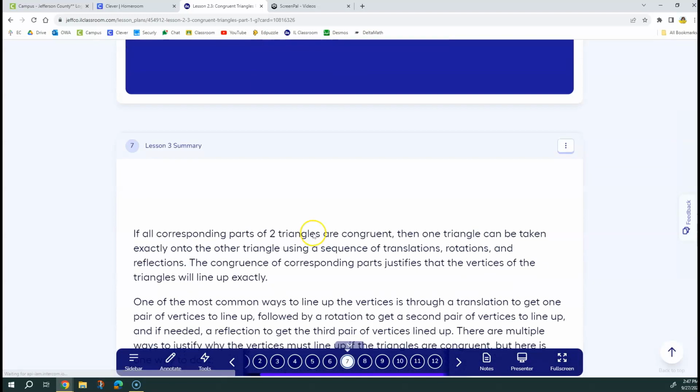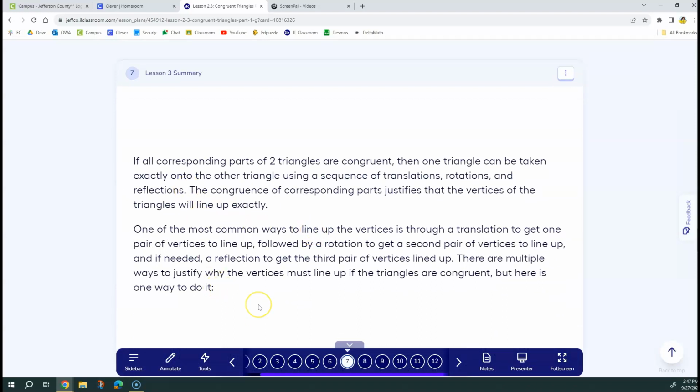Our summary here. If all corresponding parts of two triangles are congruent, remember corresponding means same location, congruent means equal, same, then one triangle can be taken exactly onto the other triangle using a sequence of translations, rotations, and reflections. The congruence of corresponding parts justifies that the vertices of the triangle will line up exactly.